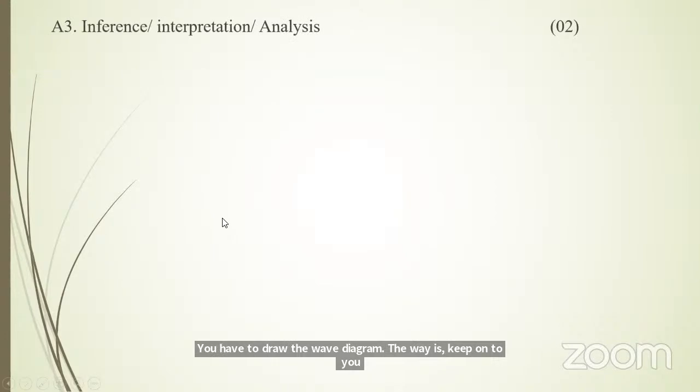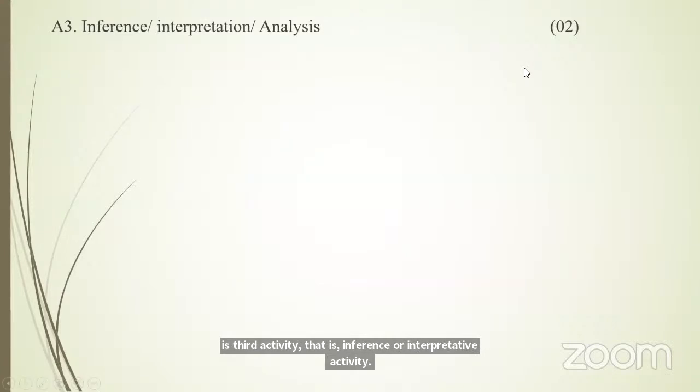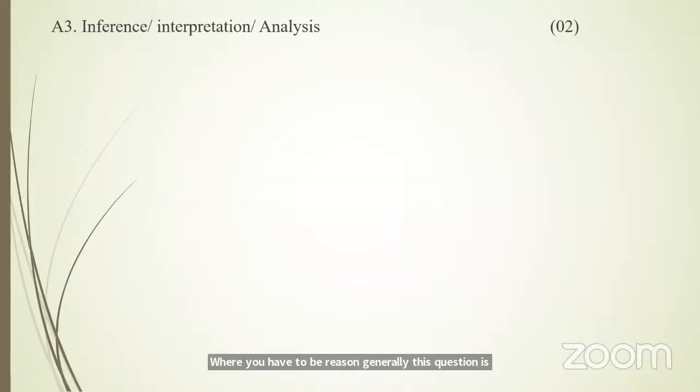The third activity is inference or interpretive, where you have to give a reason. Generally, this question is for 2 marks, and you have to give the answer within 50 words, not more than half a page. A4 is a personal response type question, where your own opinion is expected. Again, the word limit is 50 words.